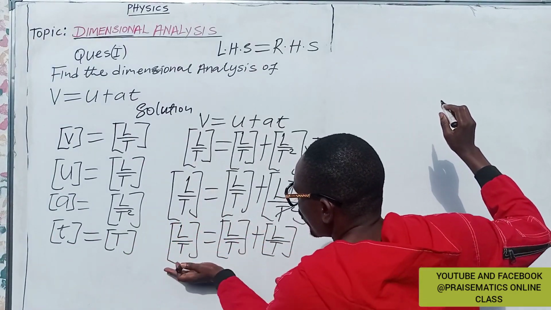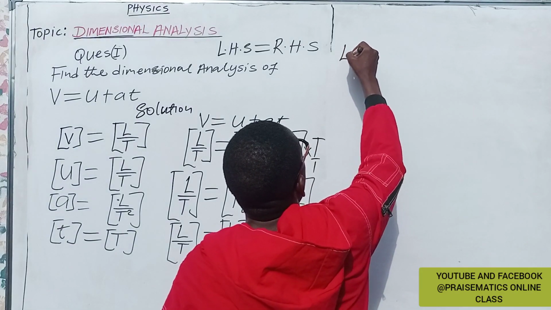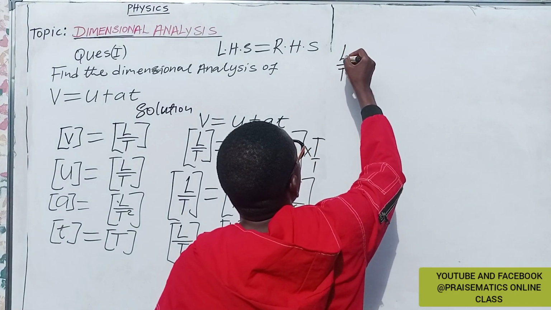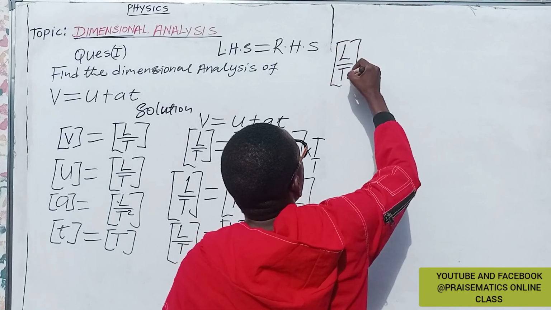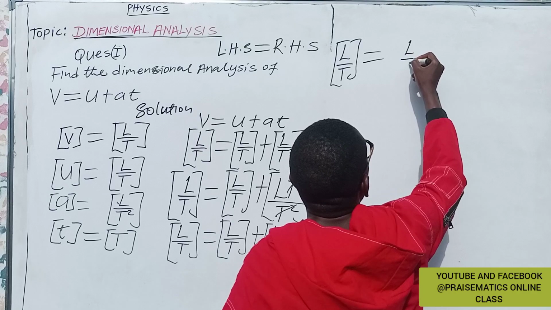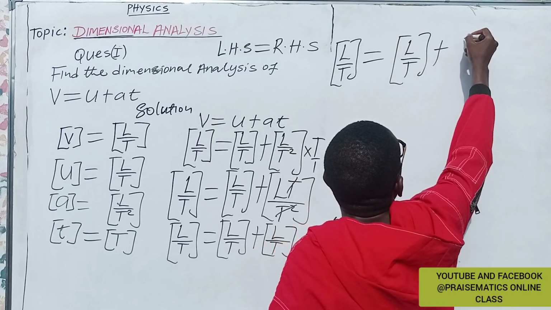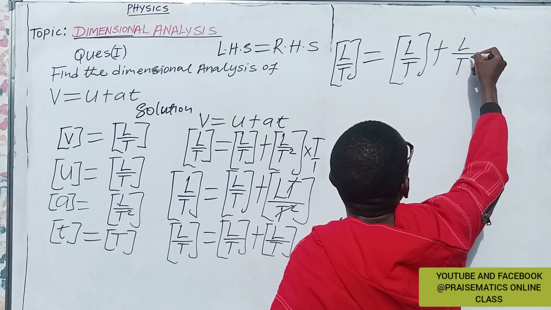Is the left hand side equal to the right hand side? Let's check. We have the dimension of L over T, is it equal to the dimension of L over T plus L over T?